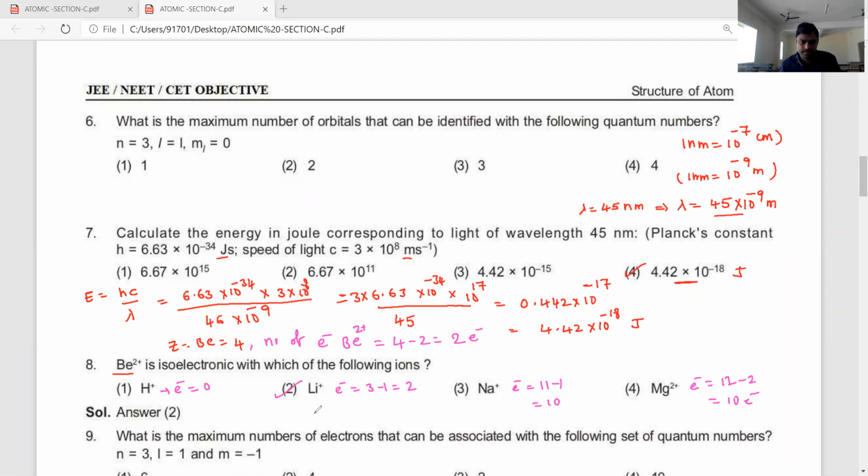Be2+ and Li+ are isoelectronic species. In the same way, options 3 and 4, Na+ and Mg2+, are isoelectronic species. In the given question, Be2+ is isoelectronic with Li+. Okay, clear?